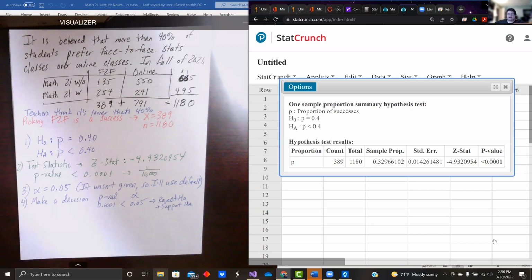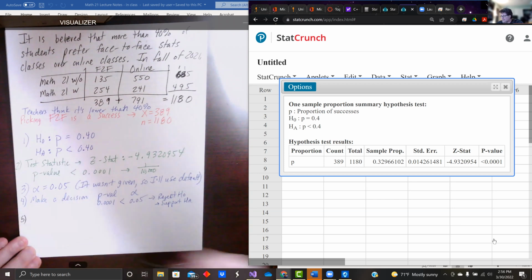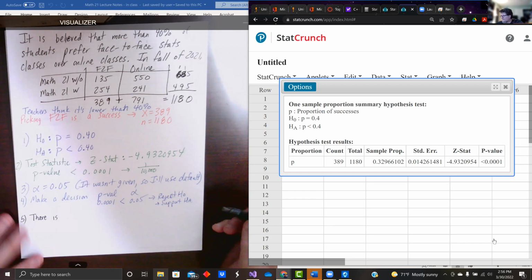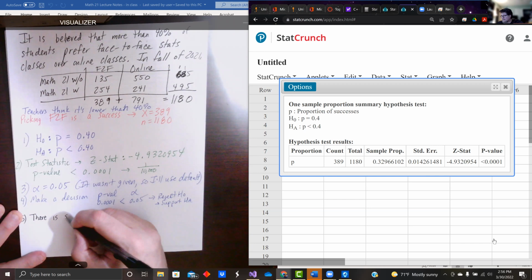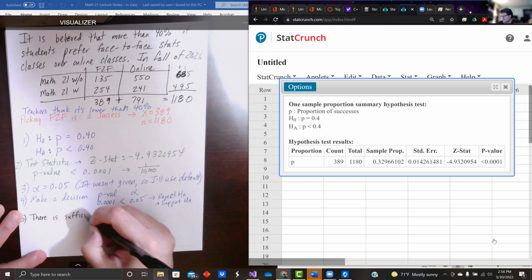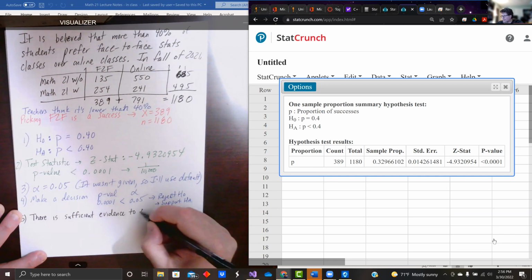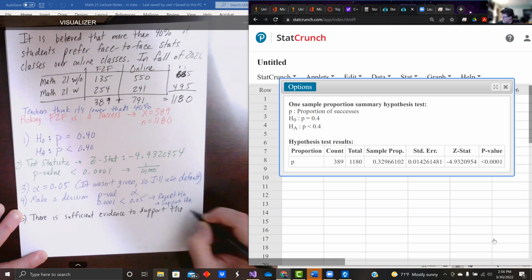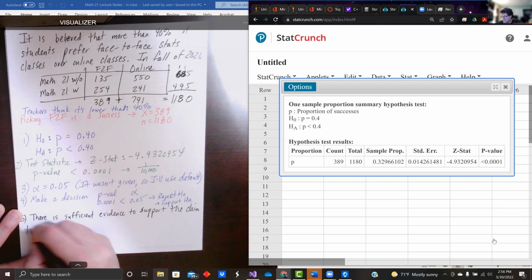So I'm going to write my final statement. In this case, we have enough evidence to support HA. So we're going to say there is sufficient evidence to support the claim that, and what was HA?